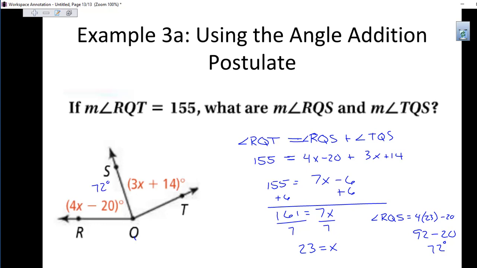And this one over here, angle TQS, this is going to be 3 times 23 plus 14. It looks like I didn't add this one correctly. So let's take a look at this again. Add this together. This should give me 72? Yeah, that's right.